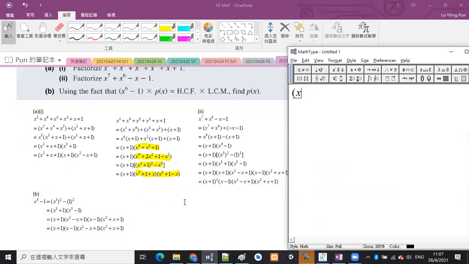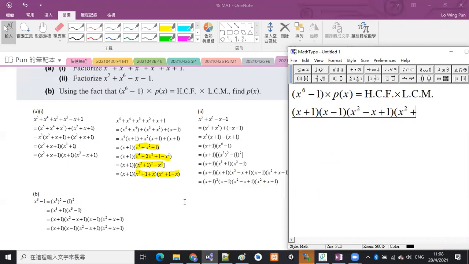Okay, so we have (x^6 minus 1) times P(x) is equal to the HCF times LCM. So x^6 minus 1 has been prepared to be (x plus 1)(x minus 1)(x^2 minus x plus 1)(x^2 plus x plus 1), times P(x), should be equal to the HCF and LCM product.